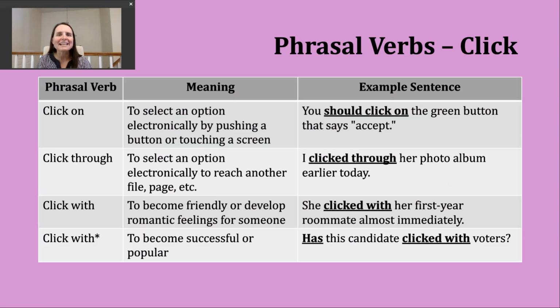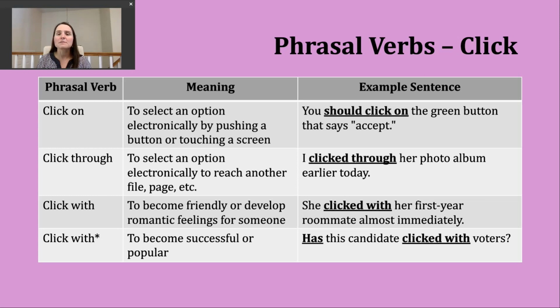Now, there are a couple phrasal verbs. Some of these already connect back to the earlier definitions that we looked at, but let's discuss click on. This ties back to that second definition we looked at earlier. So here we are generally telling someone or describing a situation where we want someone to select a particular option. And they might be doing that on their phones, on a computer, some other type of touch screen.